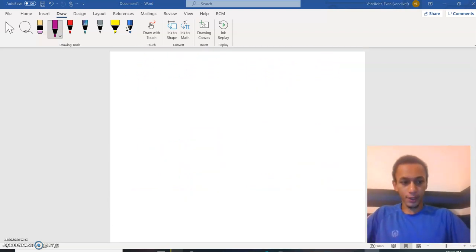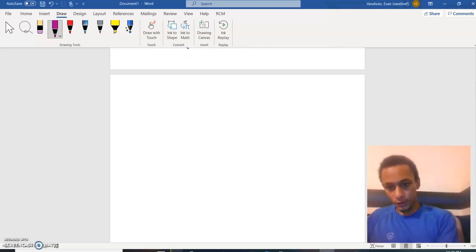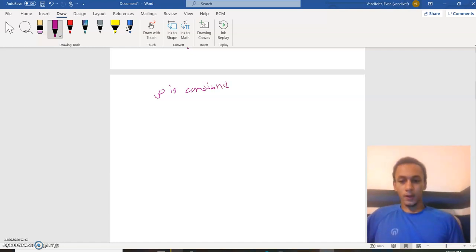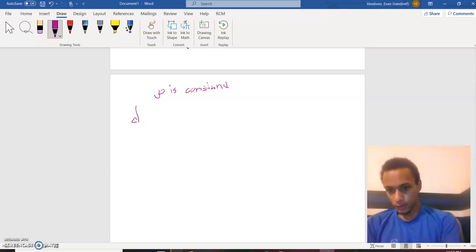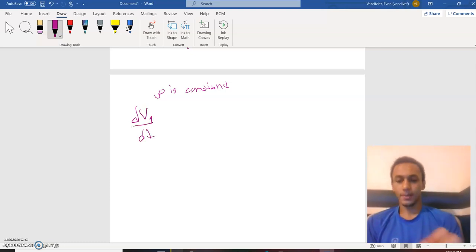And what we were going to say now, density is constant. So water's going to be flowing out of tank 1 into tank 2. Or fluid, doesn't have to be water. And then fluid also is going to be coming out of tank 2. So we want to get this in terms of volume now. dV1 over dt. So this is over time now.